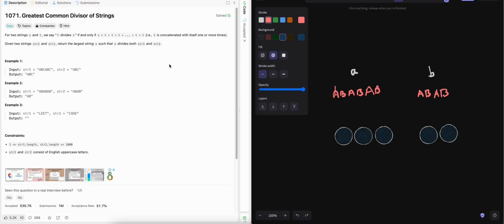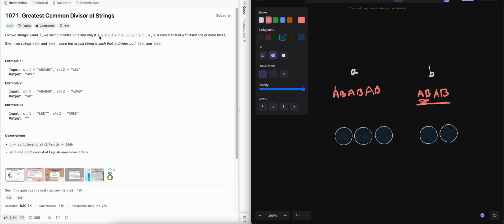If you look at the example here, on the right hand side there is this component of AB. This is the smallest component, and it is being repeated multiple times such that it forms a bigger string. That's what is being told in the problem.